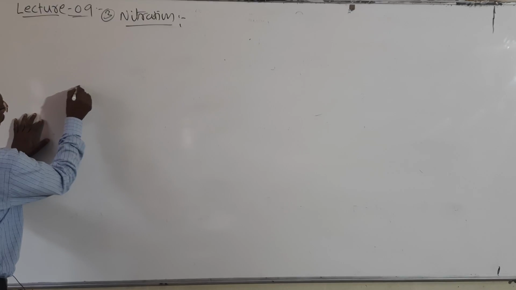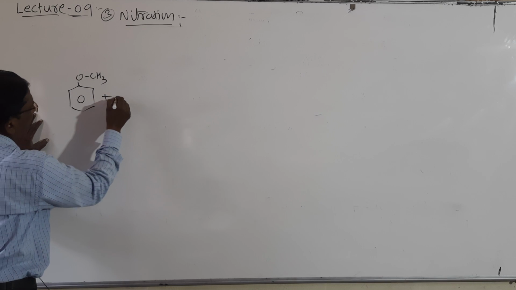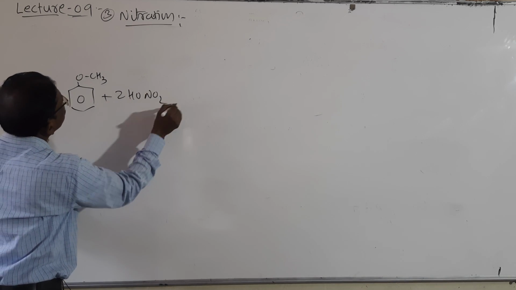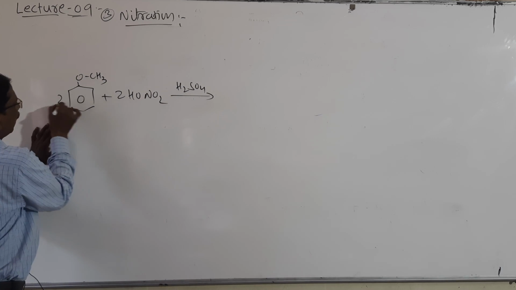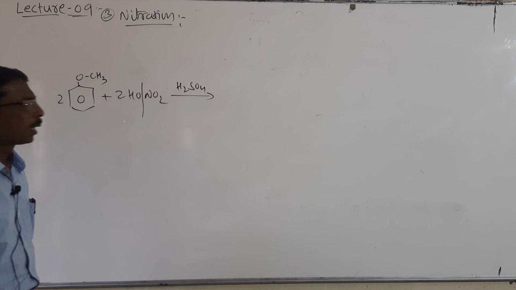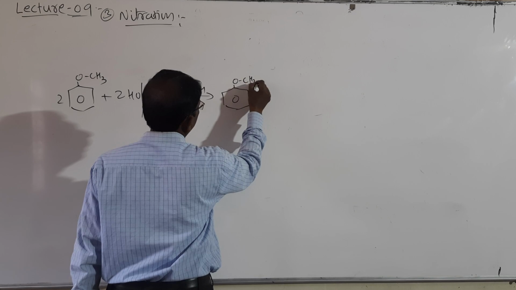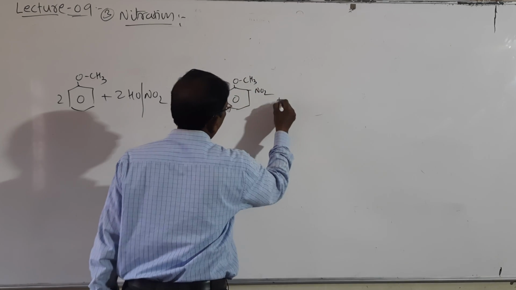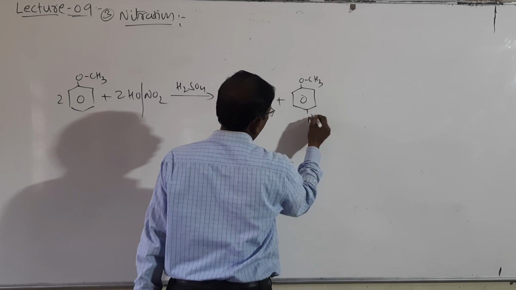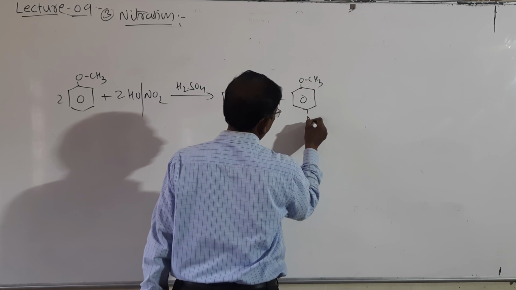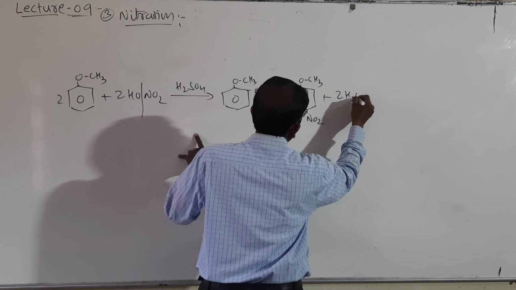Look here, when this anisole is treated with nitric acid in presence of H2SO4, it forms two products, OCH3 NO2 plus OCH3 NO2, the nitro group is introduced, and then it forms 2H2O.